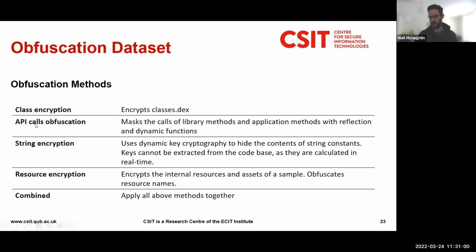Strings are quite an important feature for malware detection, so Dex Protector can encrypt them. We can encrypt the resources, which are anything the app needs, like icons or menus. And we can also do the combination of all of these things together. So we end up with 5 different copies of the data set with all these different obfuscation methods applied to it.